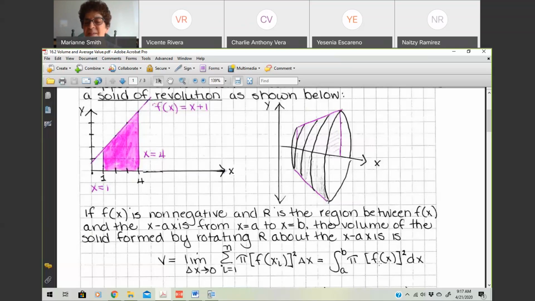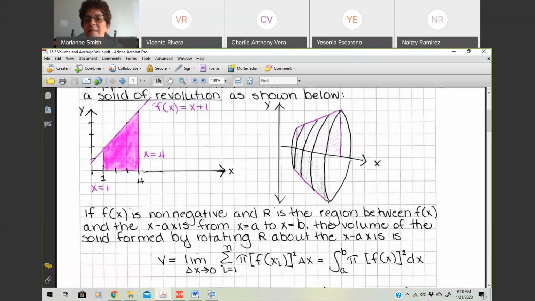This morphs into a definite integral from a to b, which is, from my example, from 1 to 4, of pi times the function squared, and the delta x turns into dx. So again, I'm really glossing over where this is coming from because in this class we don't need to focus on proofs of anything, but I just want to give you an idea of what I'm doing.